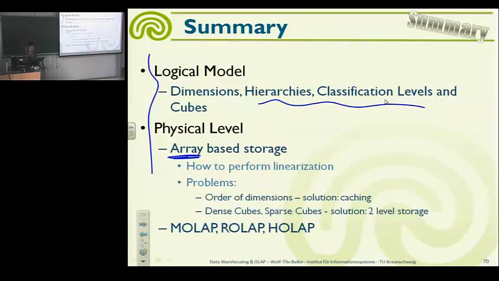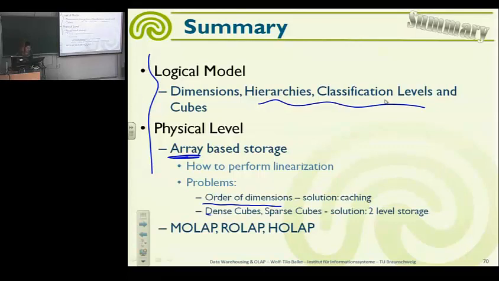There were some problems with that, in the sense that the way you choose how to linearize your arrays affects the queries that are coming. Some queries with the same complexity will have huge varying response times. A solution for that was using caching, but you have to be careful about what the operating system is doing.